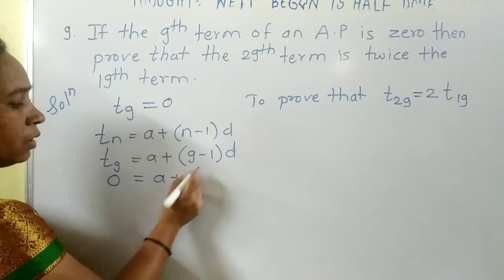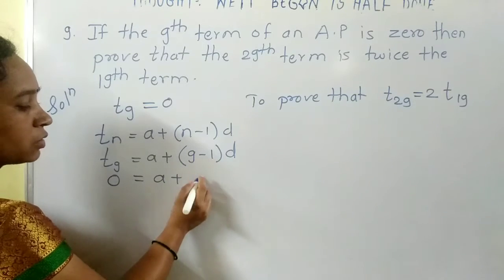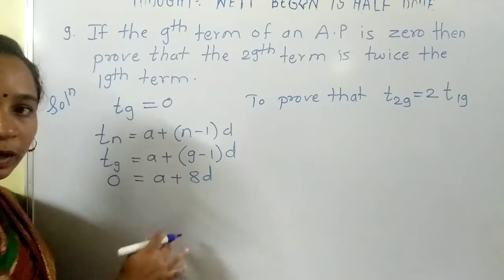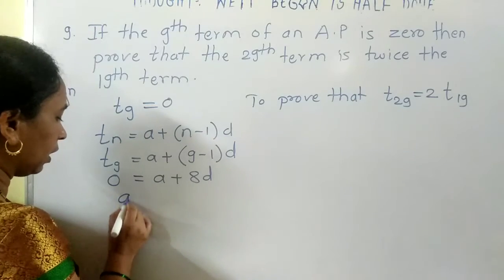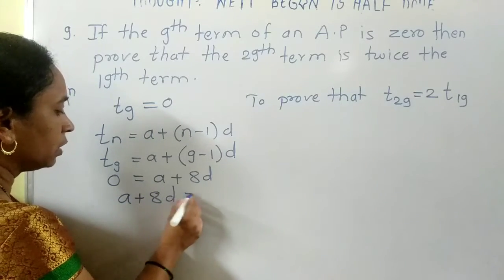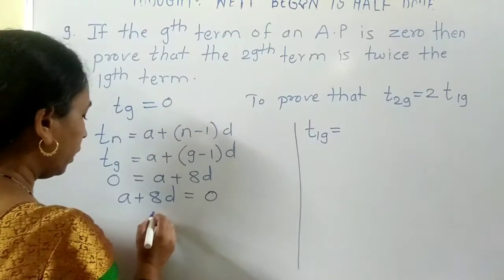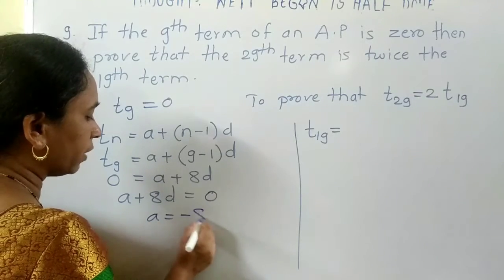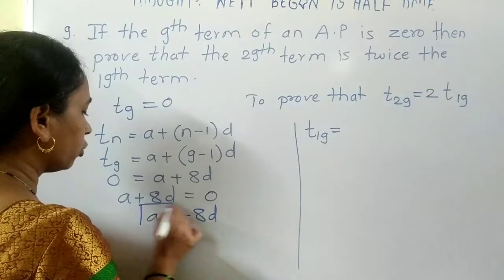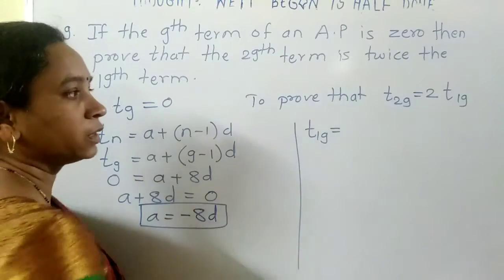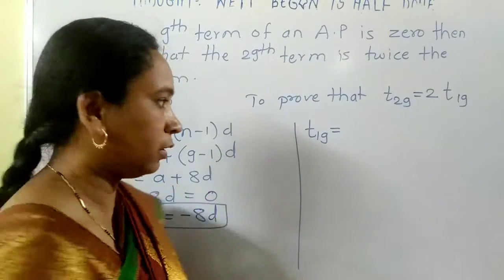So A plus 8D, since 9 minus 1 is 8. If you rearrange it properly, we will get A plus 8D is equal to 0. So A is equal to minus 8D. This I am going to use in the next equations for T29 and T19.